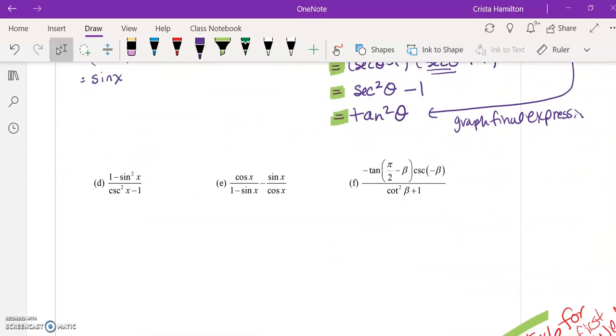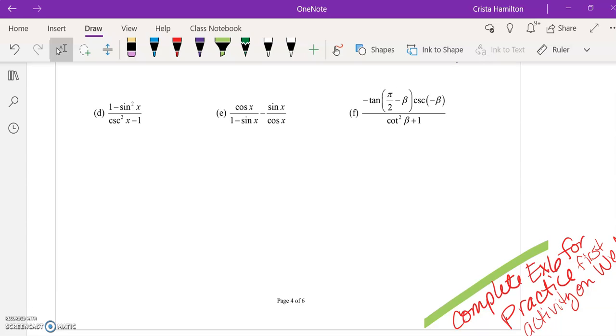All right, let's look down here at the bottom and let's see what our options are for this one. Now, you notice, when I look at D, first I've got a fraction, which we all know we're not fans of. The second thing that I'm looking at is that they both appear to be kind of in the format of those Pythagorean identities. Now, the top one's going to be fairly easy for us.